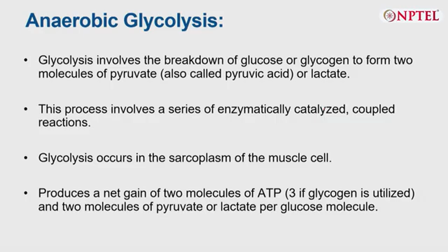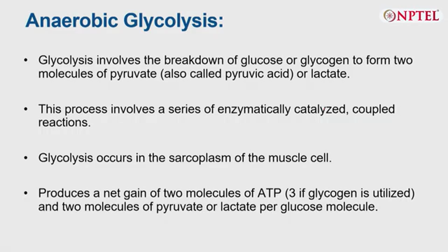If glycogen breaks down, it goes to glucose 1 phosphate and then turns to glucose 6 phosphate. So, in the investment process, ATP is not required when glycogen breaks down to glucose 6 phosphate, because the conversion to glucose 1 phosphate is not energy dependent.